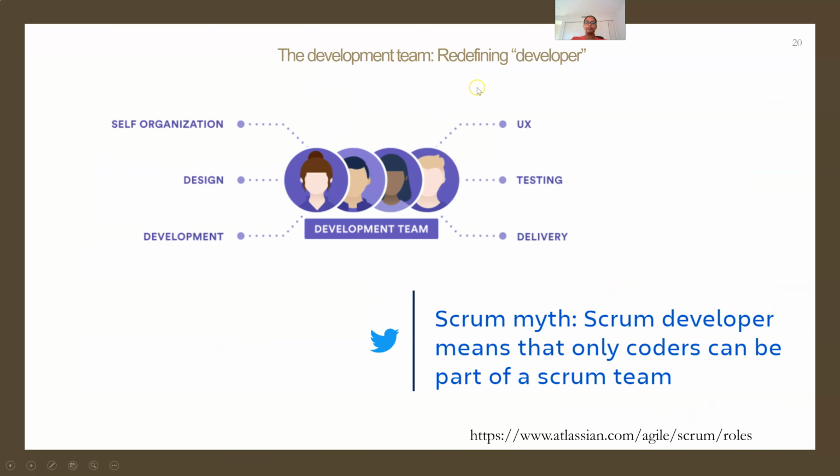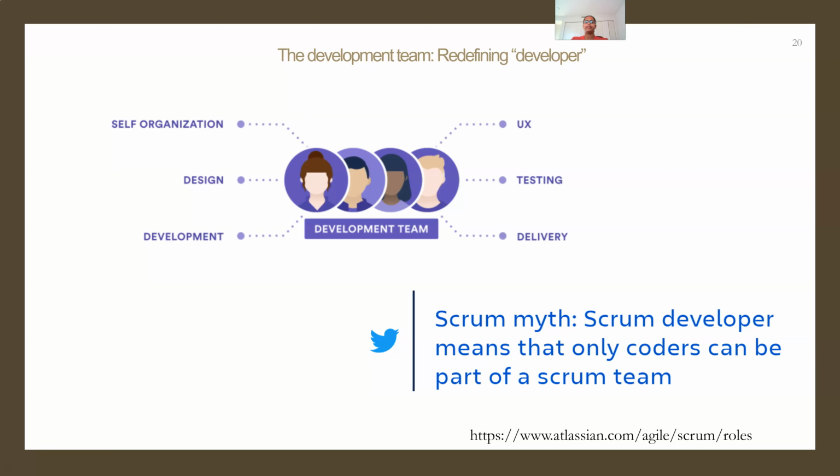So the development team, here you can see the different properties of a self-organized development team. That is, it is self-organized. The team has to design, develop, test, handle user experience, etc. All these features or responsibilities are part of our development team. It consists of the people that actually do the work.